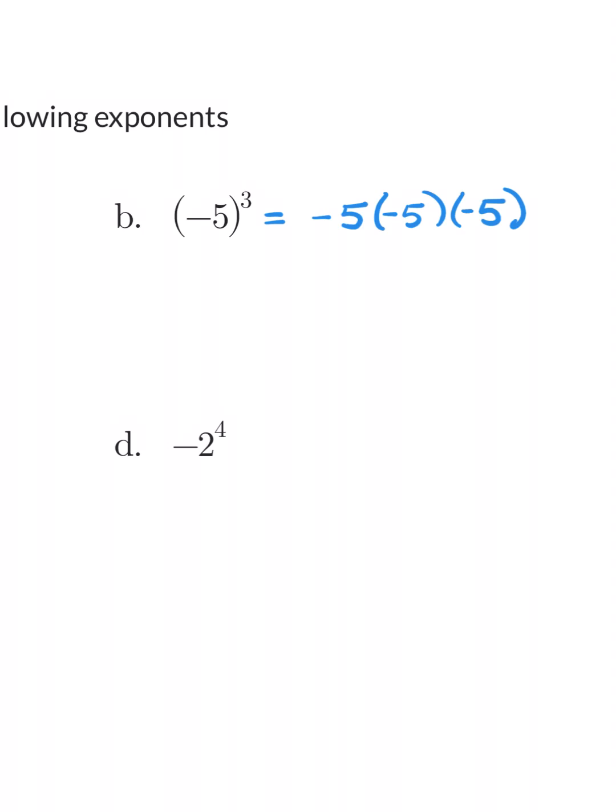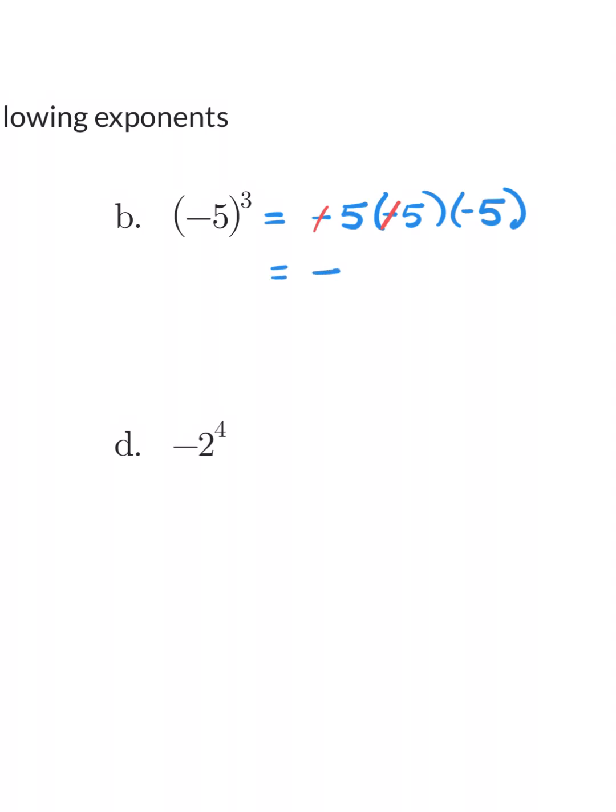In the previous section, we talked about multiplying signed numbers, and so just a reminder, we can cancel out 2 of these negatives. Because we do have 1 left over, I know that the sign of my final answer is going to be negative.